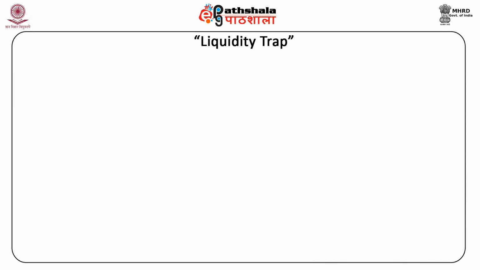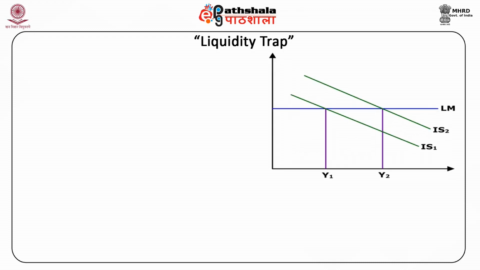We will now discuss the concept of liquidity trap, a situation characterized by very low rates of interest. When the demand for money becomes infinitely elastic and the LM curve becomes horizontal, as can be seen in the figure.